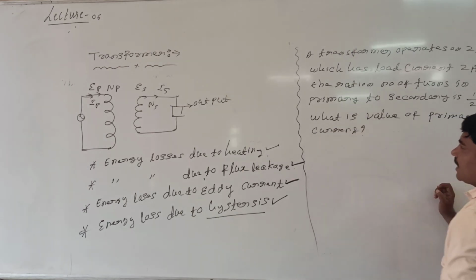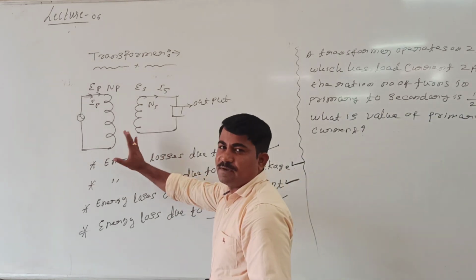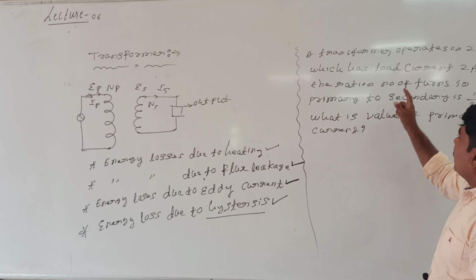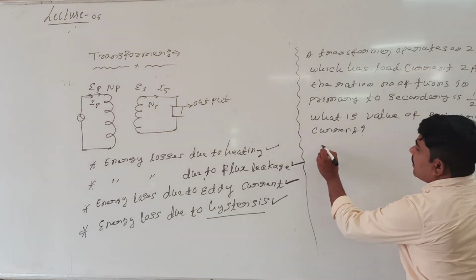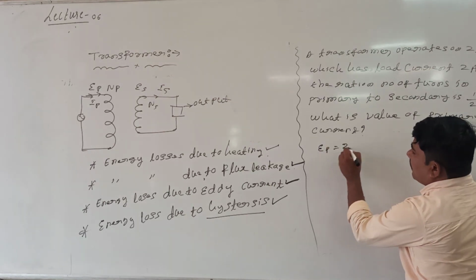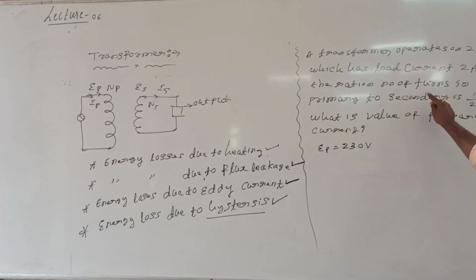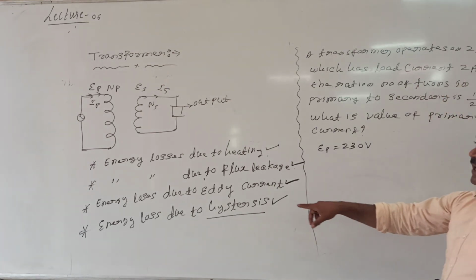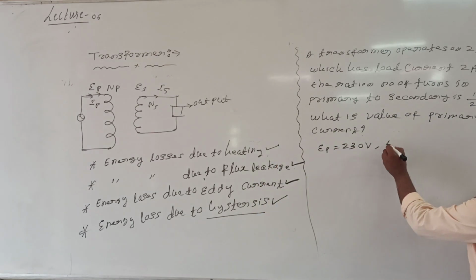This is a simple numerical on transformer. The question is very simple. Look at me. This is one transformer, right? The transformer operates on how much voltage? 230 volt. I mean EP must be equal to 230 volt. It has a load current of 2 ampere. Load current means output current, I mean current in the secondary.